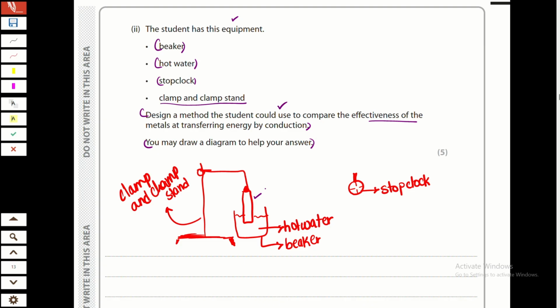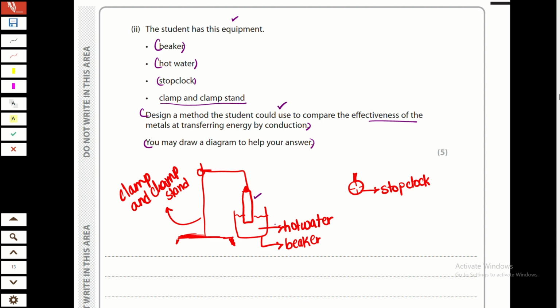The clamp and the clamp stand are used to hold this one, because this ensures that all the metal bars are at the same depth inside the hot water. So this is how you can set up all these apparatuses, and this setup can be used to carry out the student's investigation.